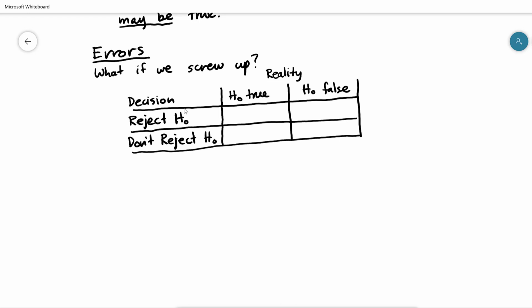So let me just write this up here. They did it, or they didn't. And over here, this is a verdict of guilty, and this is the verdict of not guilty.